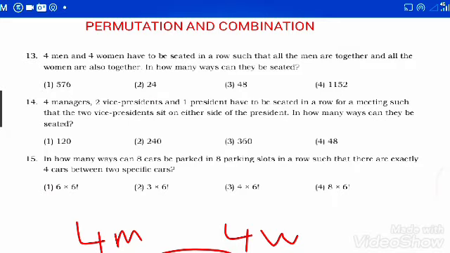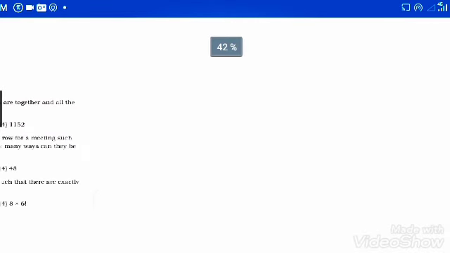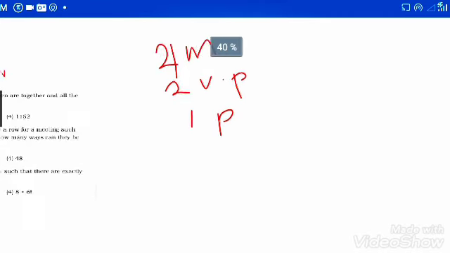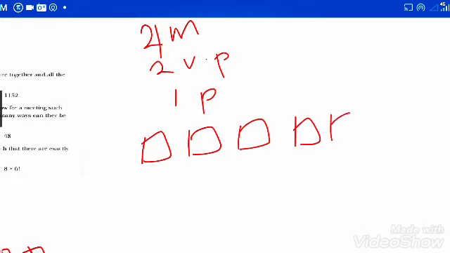Alright, so for this question we have 4 managers, we have 2 vice presidents and we have 1 president. The condition states that a vice president must sit at the 2 sides of the president. So we have 7 slots here: 1, 2, 3, 4, 5, 6 and 7.